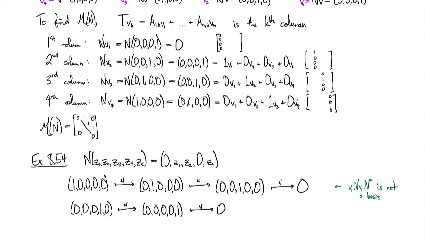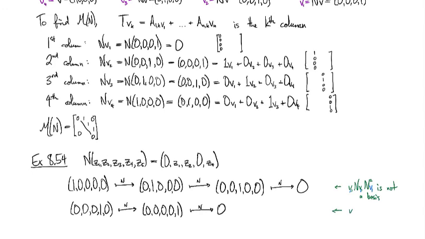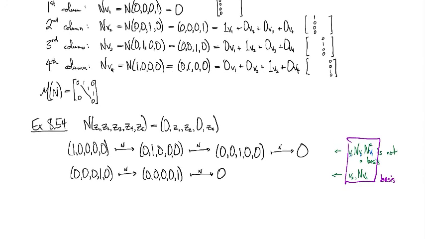So if we call the first one v1, nv1 and n squared v1, somehow I forgot to write v1 after that guy, then down here we also have v2 and nv2. The first 3 did not give a basis, but all 5 together do form a basis because they're all clearly linearly independent and we're in a 5-dimensional space. Well, that plus the fact that this is obviously the standard unit basis.